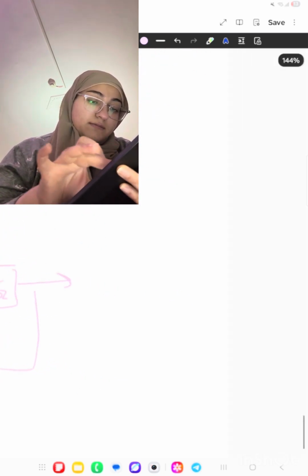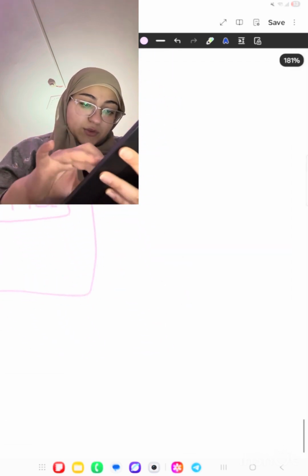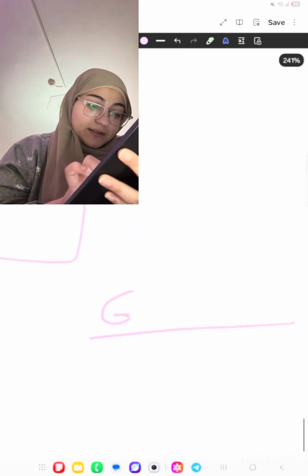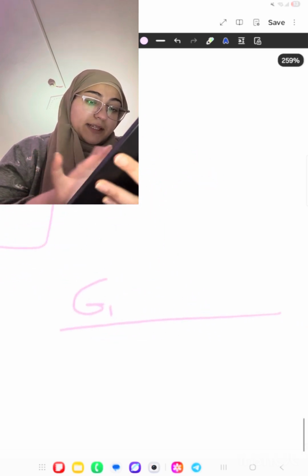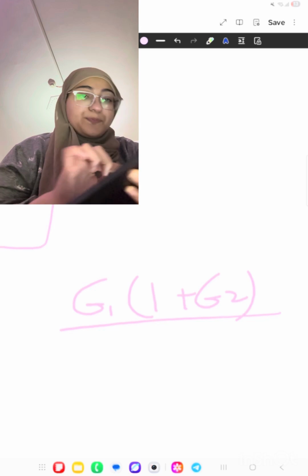Here is multiply, so it's going to be G1 multiplied by 1 plus G2.